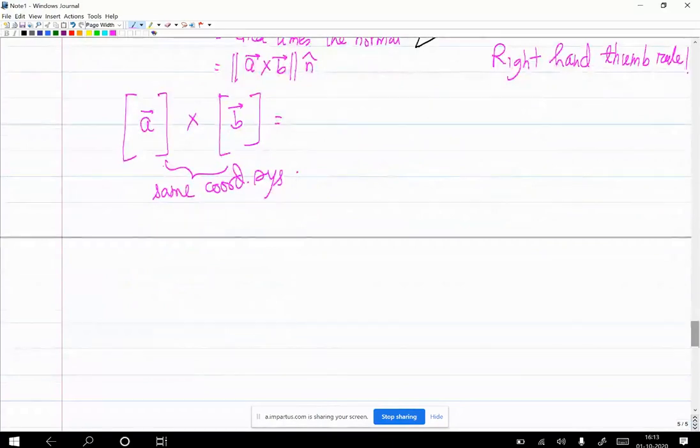All right. There's another very nice property of cross product. And I think this is something not every one of you has seen.